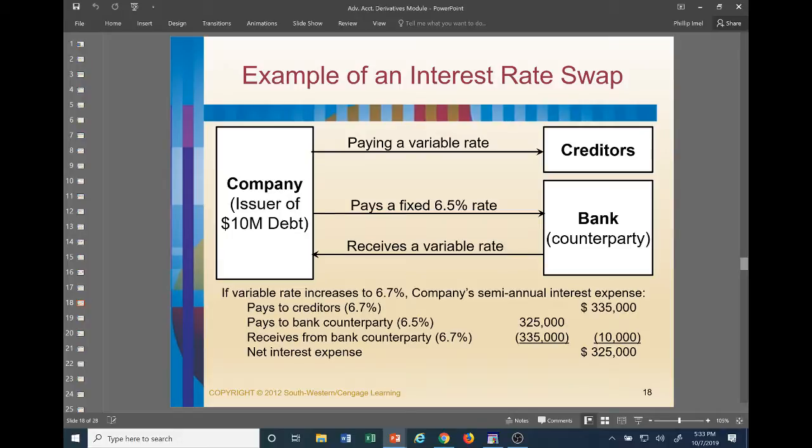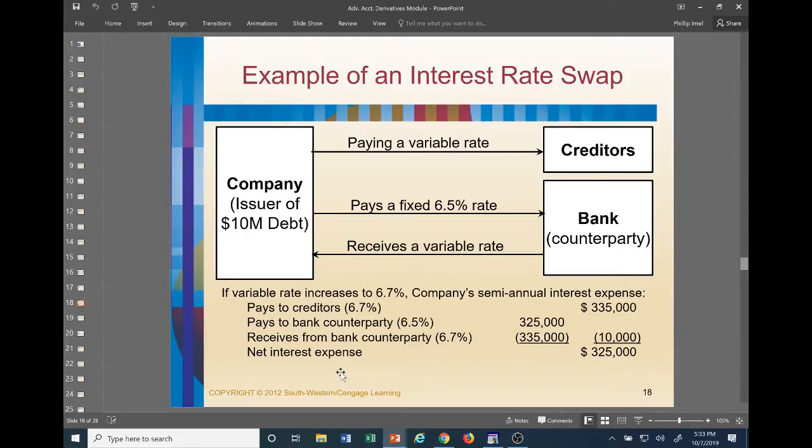The variable interest paid to creditors is going to be the 6.7% times the $10 million times half a year, which is going to give us $335,000. Once again, that's the 6.7% times the $10 million times half a year.